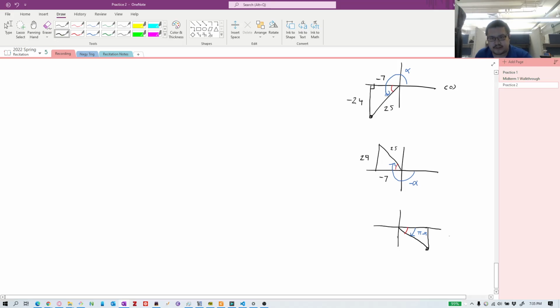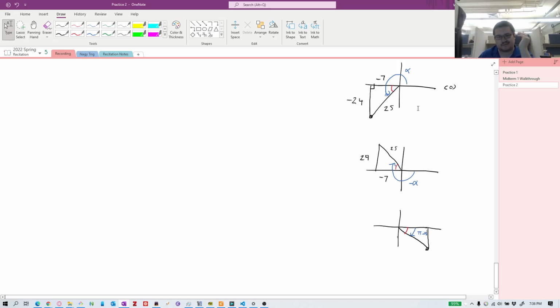Okay, let's go ahead and label. So we take this triangle and we rotate it, or you could imagine rotating. Well, okay, that's another thing. Going from this one to this, it's actually a reflection. It turns out that going from alpha to pi minus alpha is a reflection about the y-axis.